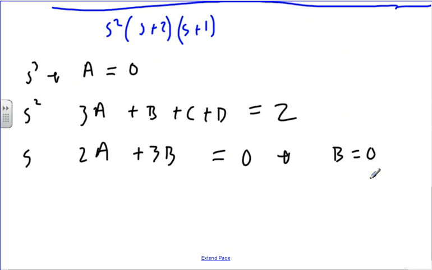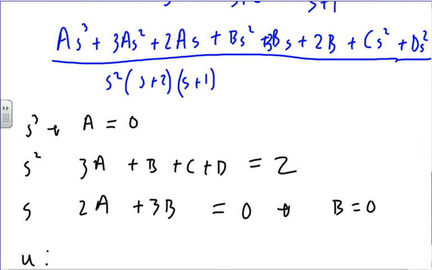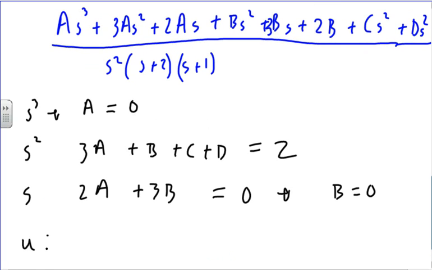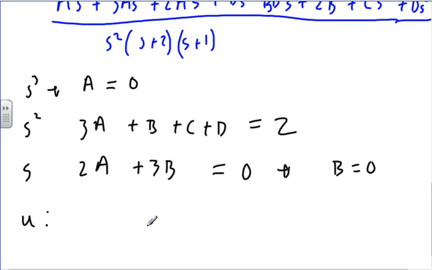Oh, I don't know if I like this. And then I'm going to look at my unit term. My unit term, where's my unit term? 2b, which is also equal to 0.